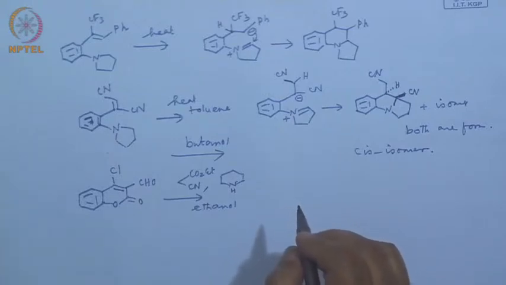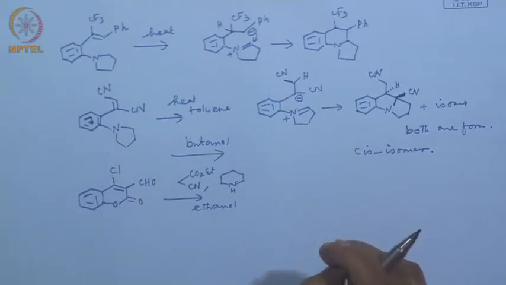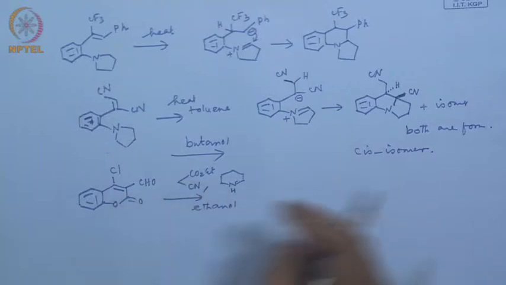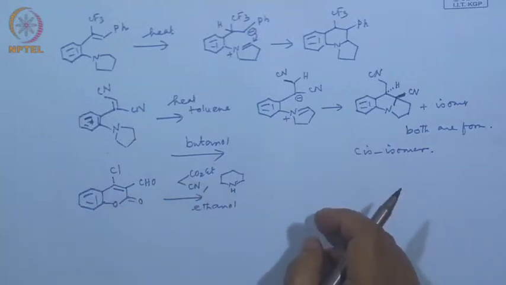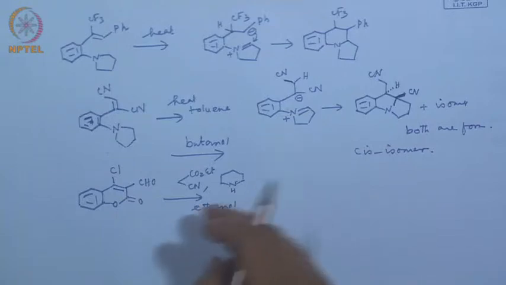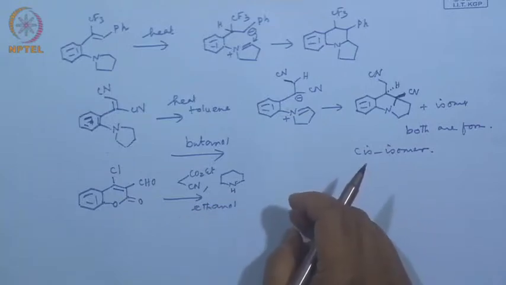What should be the reaction? The lactone can open up. What else? It can undergo Knoevenagel reactions, right? All kinds of possibilities are there, but at this stage you should be a little mature, in the sense that all these reactions are reversible.